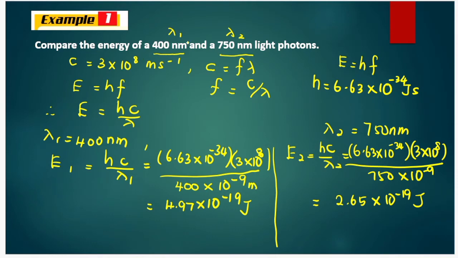Okay, go back to the question. Compare the energy of 400 nanometer and 750 nanometer light photons. As you can see from the values that we calculated just now, for 400 nanometer, we get 4.97 times 10 to the power of negative 19 joule, which is larger than E2. So from the values that we get here, what can we say about the light photons?